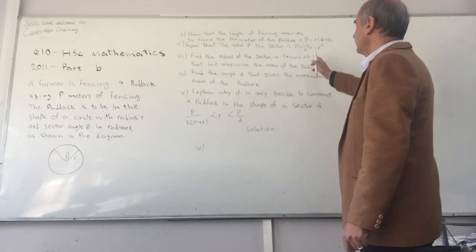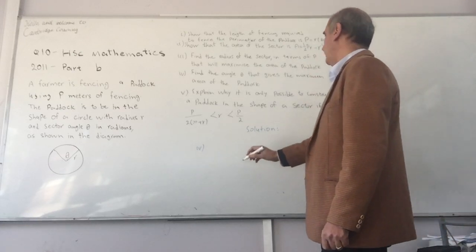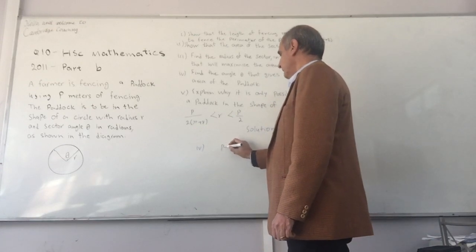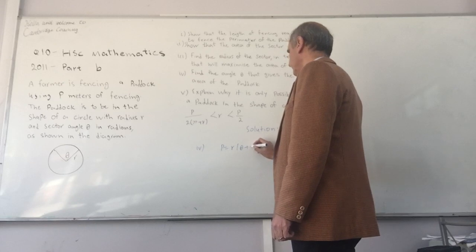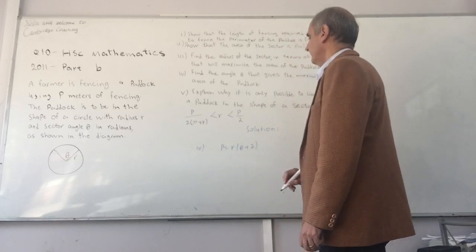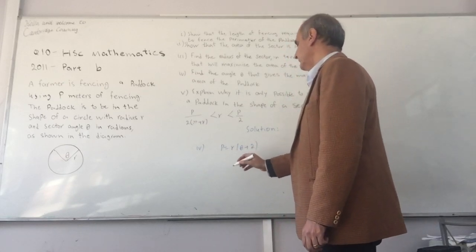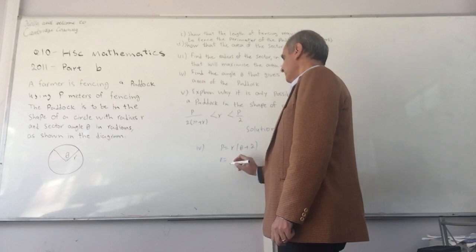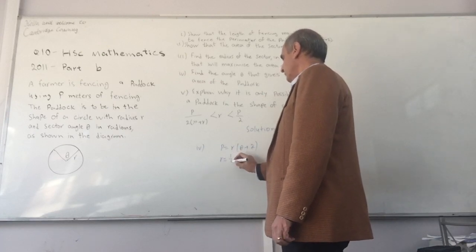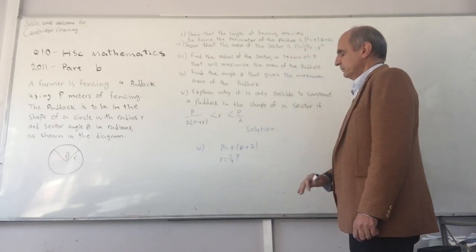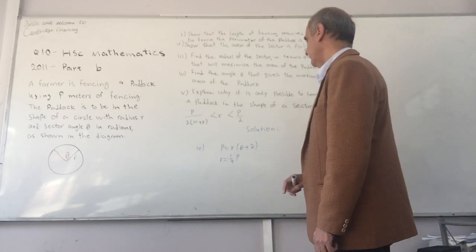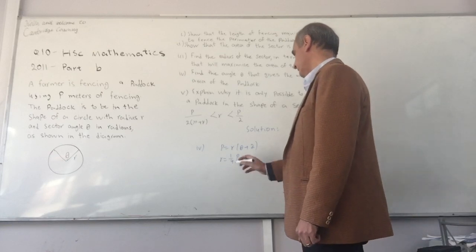So remembering that P, R and theta are given by this equation which we had in the first part, and knowing that when area is maximum, R is a quarter of P, we can use these two pieces of information to find theta when area is a maximum.